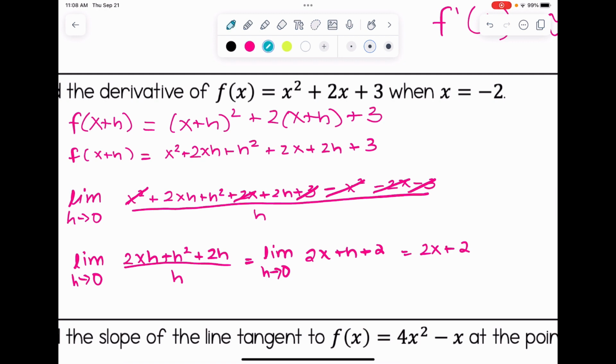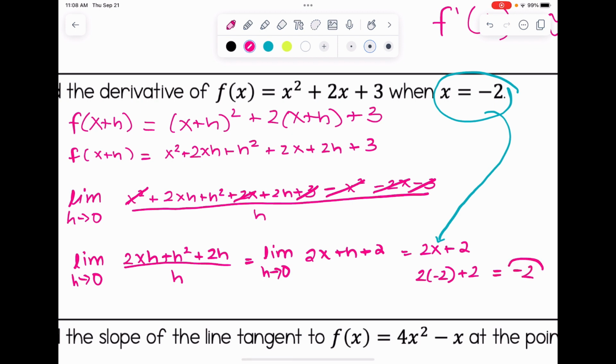Since we are trying to find the derivative at x equals negative 2, we're going to plug that in for x here. So 2 times negative 2 will give us negative 4, plus 2 gives us negative 2 as our derivative.